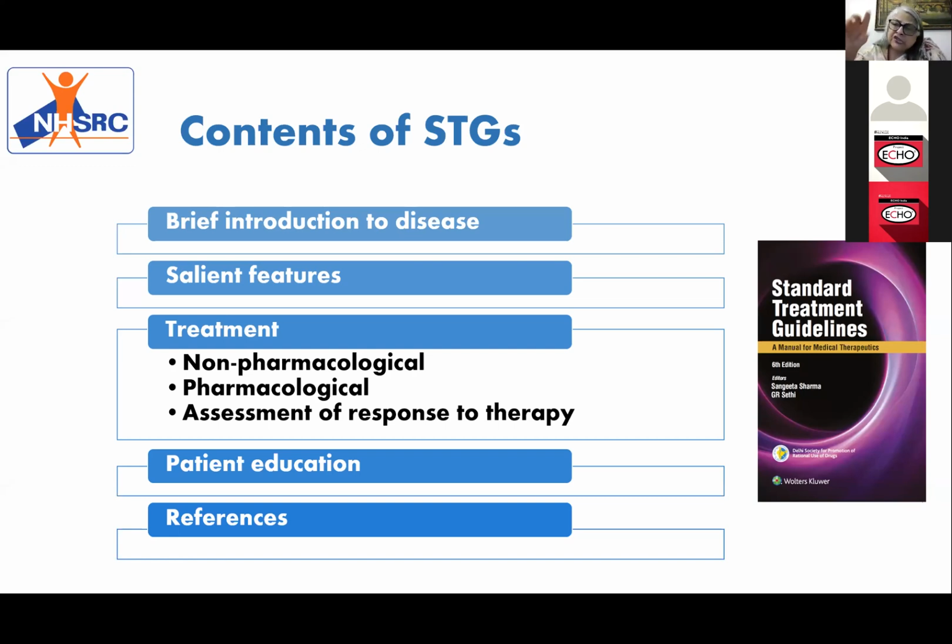So the STG also provide you information on which investigation would be diagnostic, and no treatment would be complete without medicines. But of course, non-drug treatment is equally important. You're treating a diabetic patient, but he's not controlling his diet, he's not exercising, it's not going to help you.